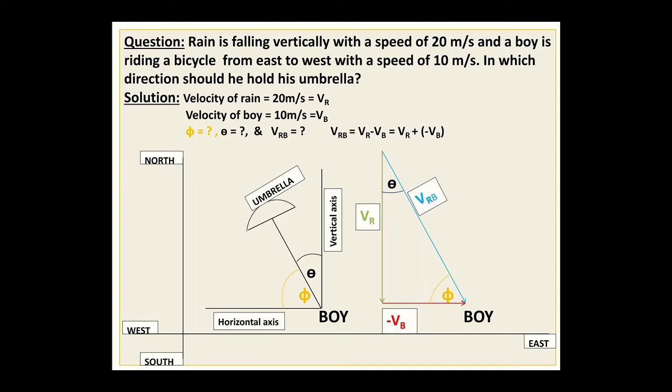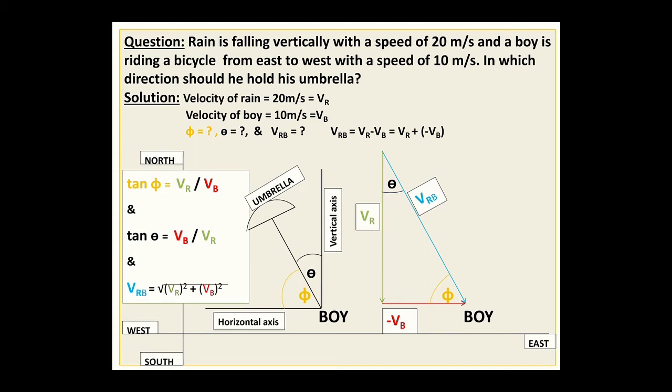Here, to find phi and theta, you can simply use trigonometrical relations. In this right angle triangle, you can see whose sides are VR, minus VB and VRB. These three sides are making a right angle triangle whose one angle is phi and another angle is theta.